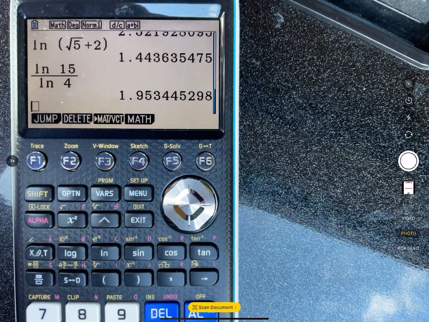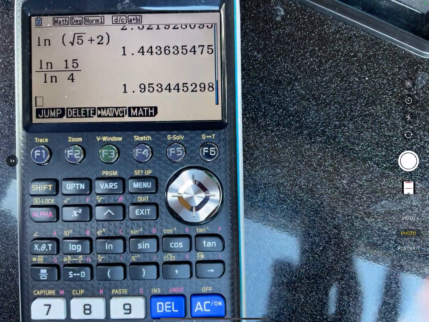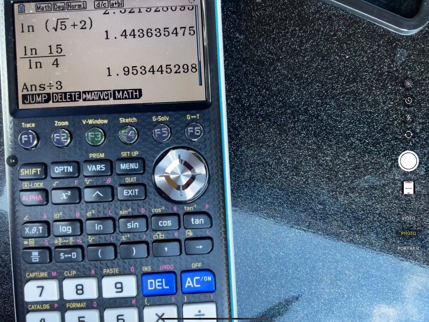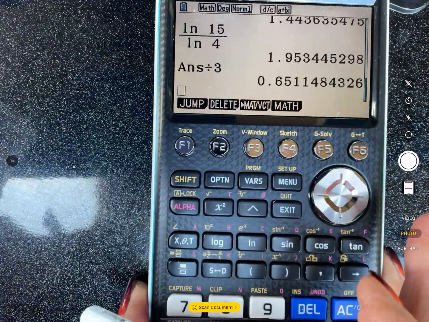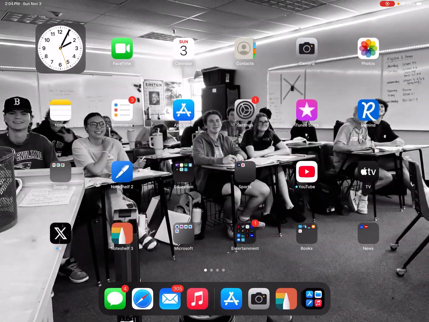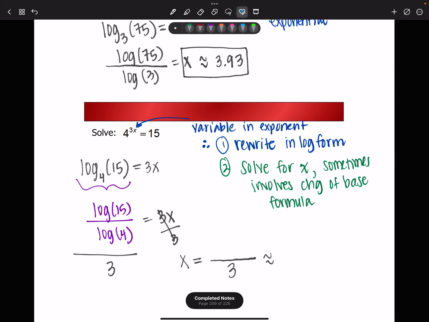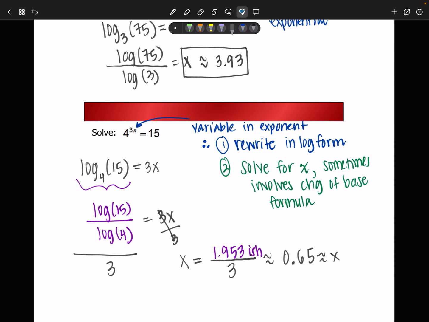And we get 1.953, that decimal, and we're going to divide that by 3. So it was 1.953-ish, and then you divide that by 3 and you get the answer, which is approximately 0.65. So that's approximately x.